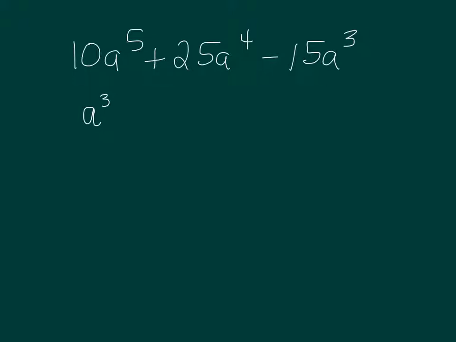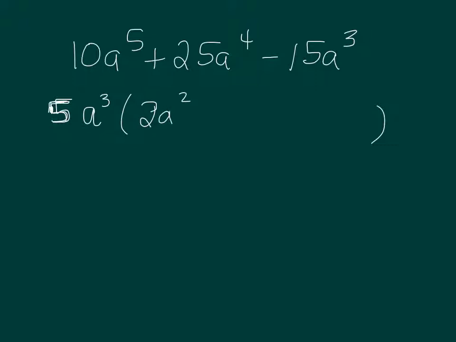And then 10, 25, and 15 are all divisible by a factor of 5, right? So I can take 5a cubed out. So when I do that, I'm going to get 2, because 10 divided by 5 is 2. So 2a squared. I had 5a's.